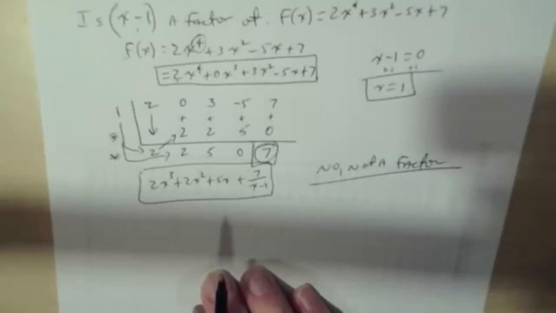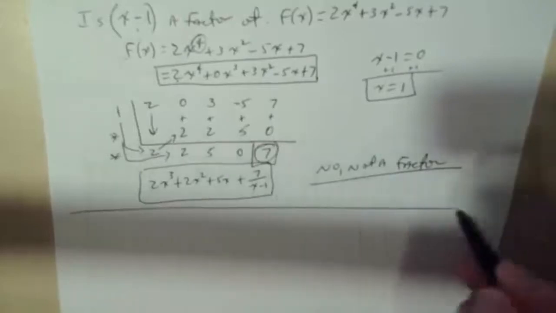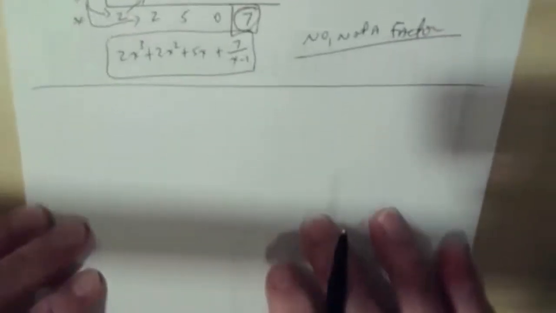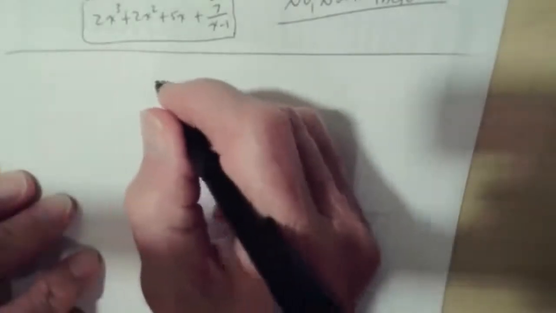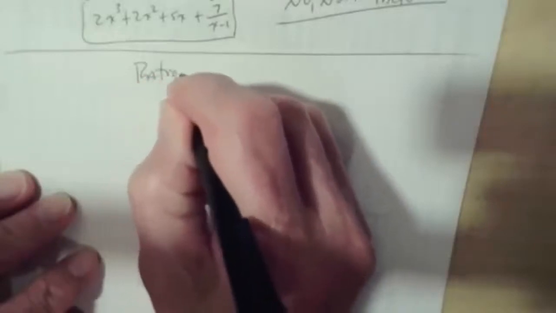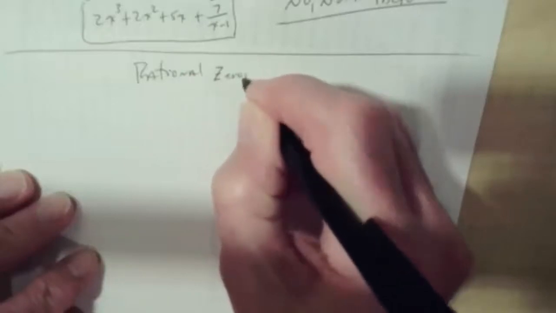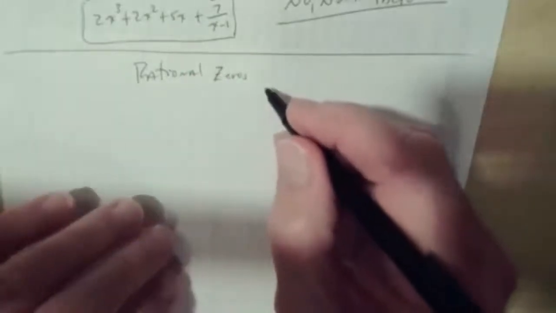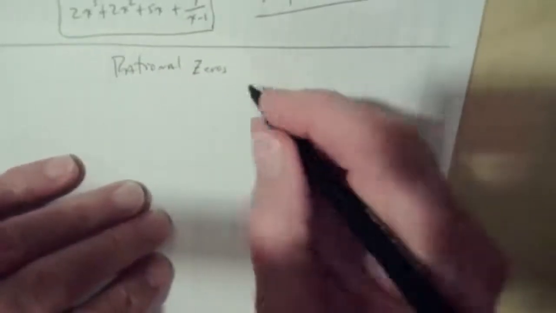Okay, now the rational zeros theorem. Yes, Miss Montoya, I'm moving my paper up. I put a little line through here to distinguish it from a 2 because my handwriting's so bad. Rational zeros theorem.